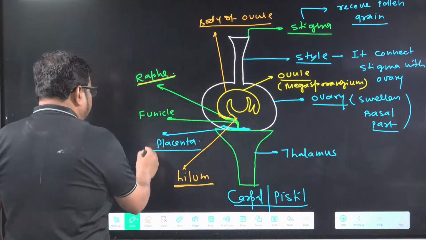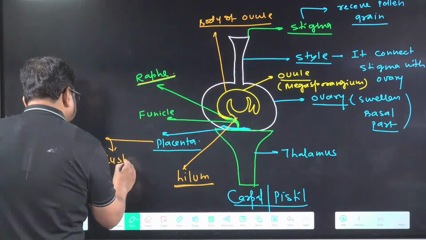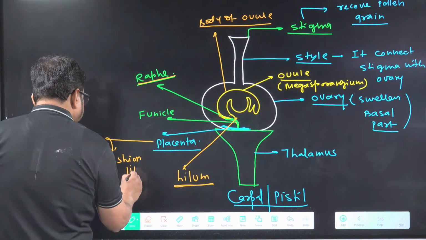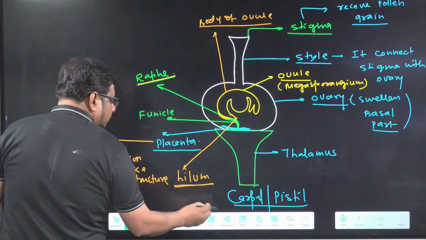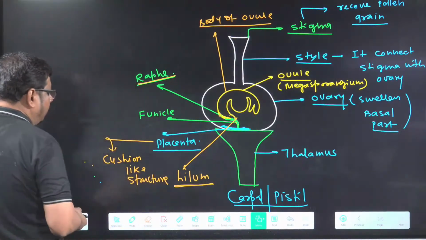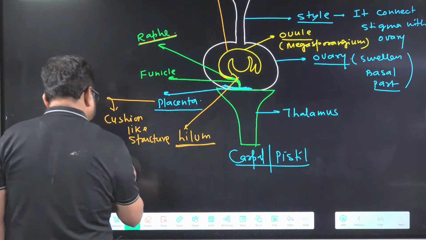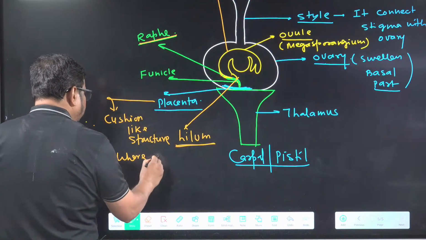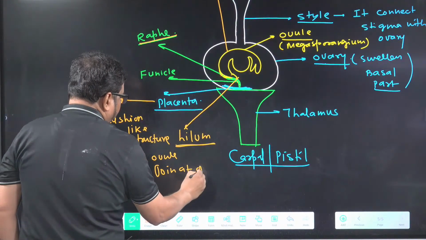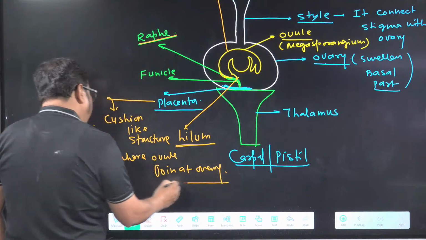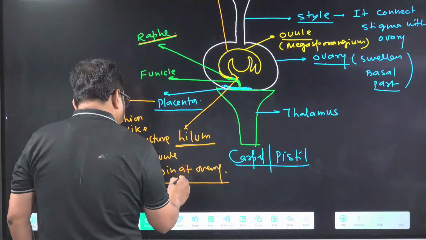So what is this placenta? It is a cushion-like structure where the ovule joins with the ovary.